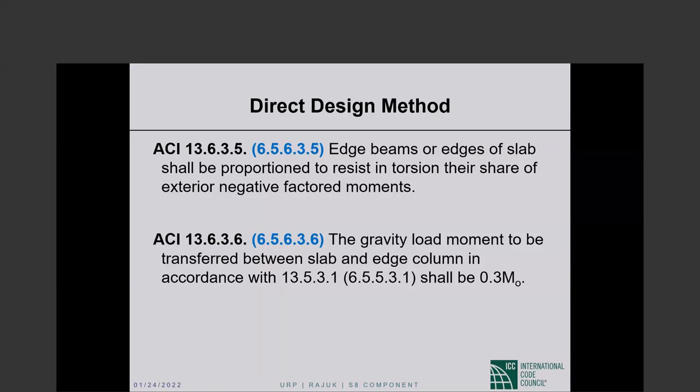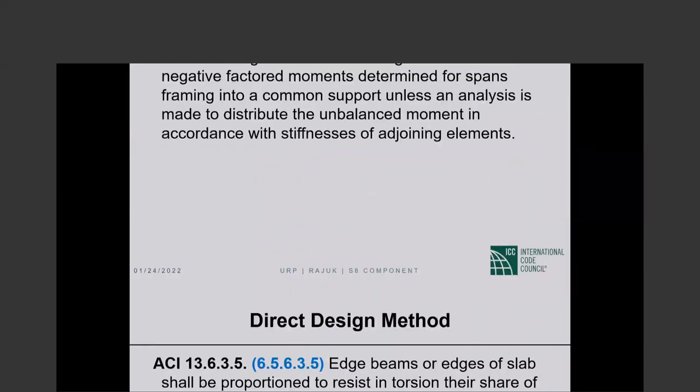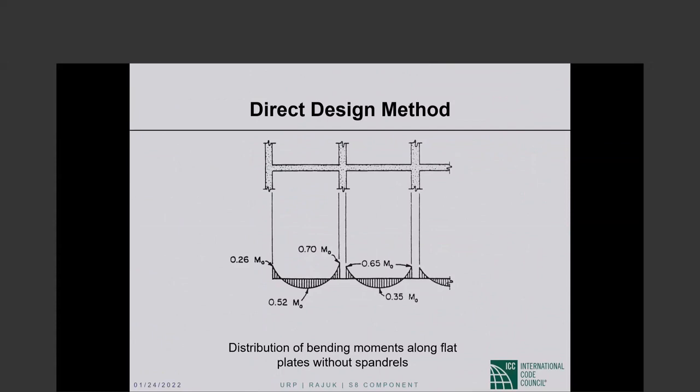The gravity load moment to be transferred between slab and edge column in accordance with it shall be. This doesn't read like much, but this is something I would say quite important. You absolutely cannot overlook it. 13636. Okay, what this is saying is something almost a little bit strange. The moment here is 26% of M sub 0, the negative moment in the slab at the exterior support.